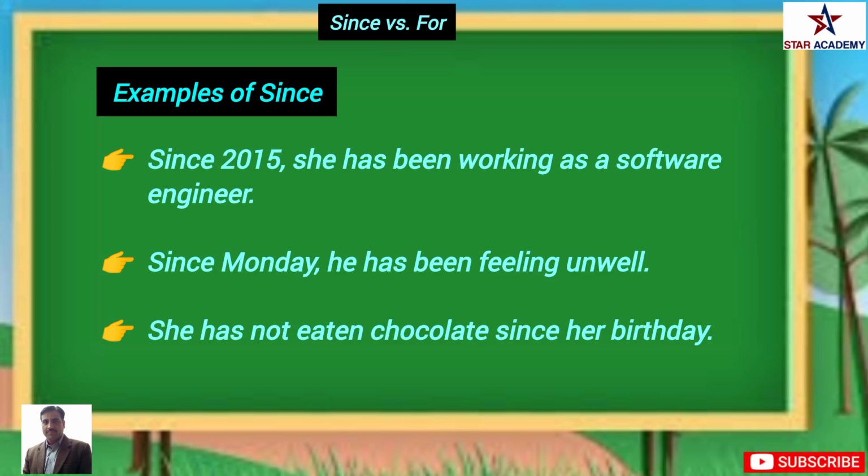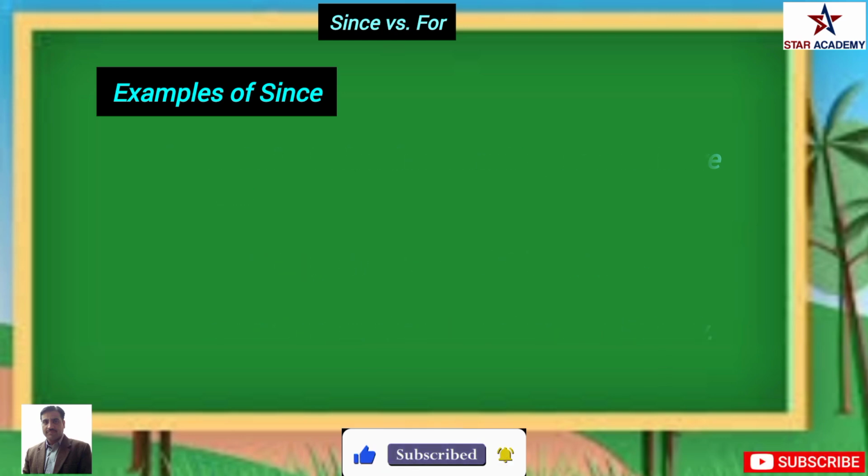Since Monday, he has been feeling unwell. And in the third example, she has not eaten chocolate since her birthday. So her birthday is marked here as a specific time. In these three sentences, you can see the point of time, that is since 2015, since Monday, and since her birthday. Now let us see some more examples.